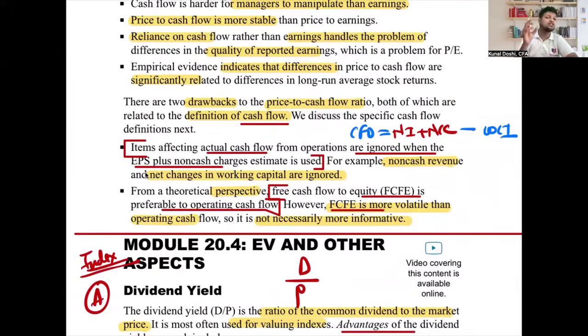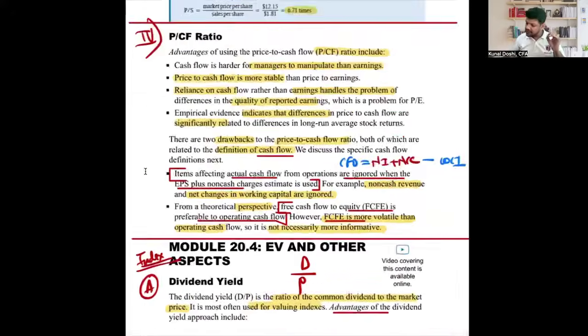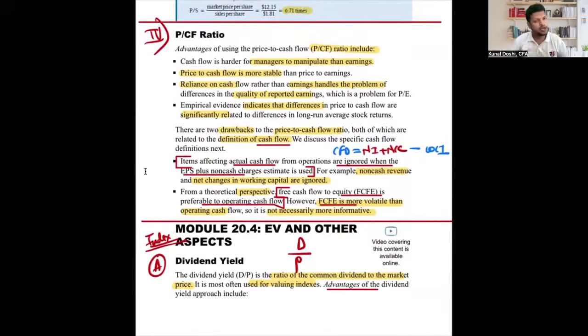So the price to cash flow ratio is actually more reliable. But the PE ratio is very quick and easy, because deriving the cash flow is a very subjective thing. So people actually use price to earnings more than price to cash flow. Clear, everyone? Till this point, everyone clear?